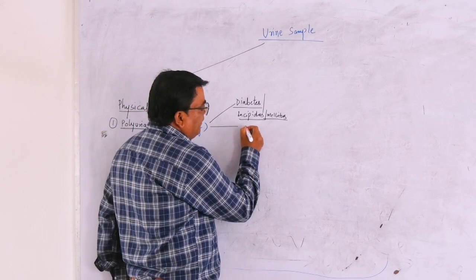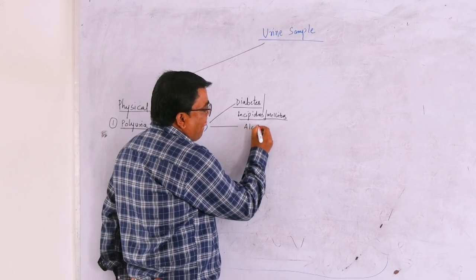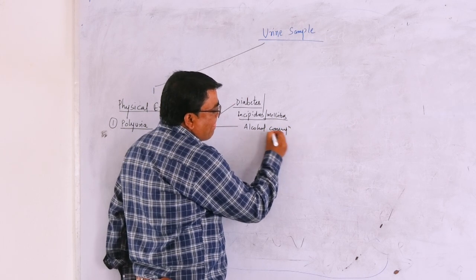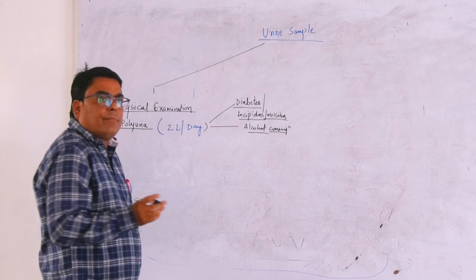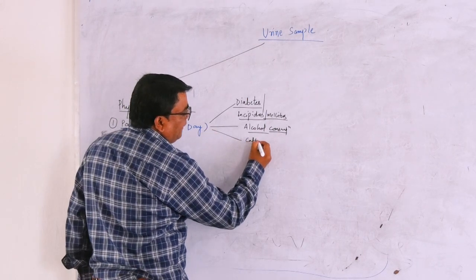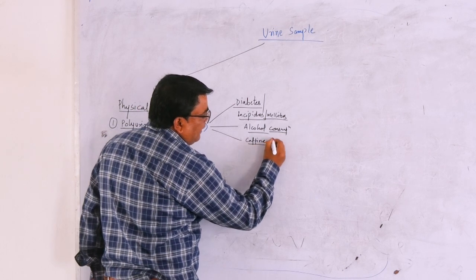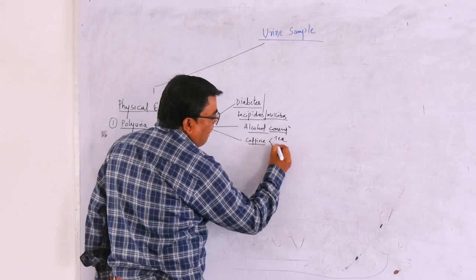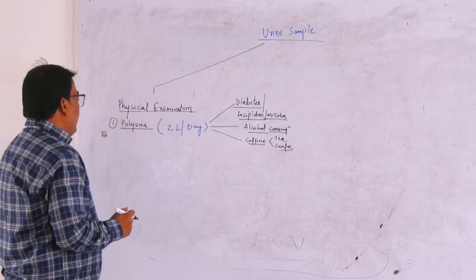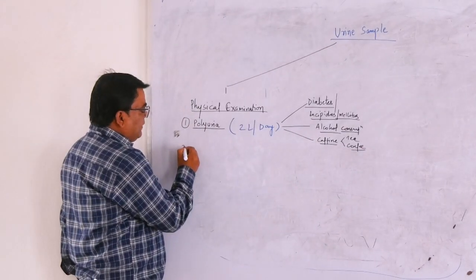We write it here: alcohol consumption and caffeine, taking caffeine in the form of tea and coffee.